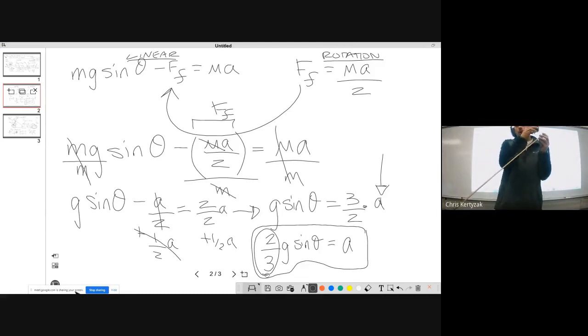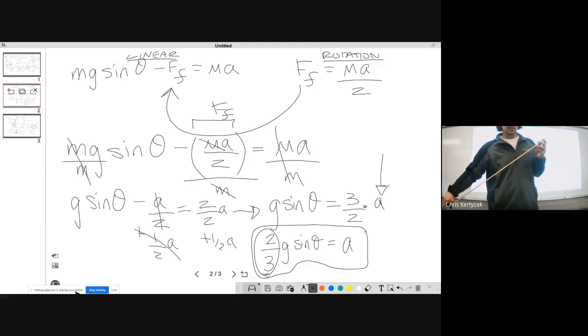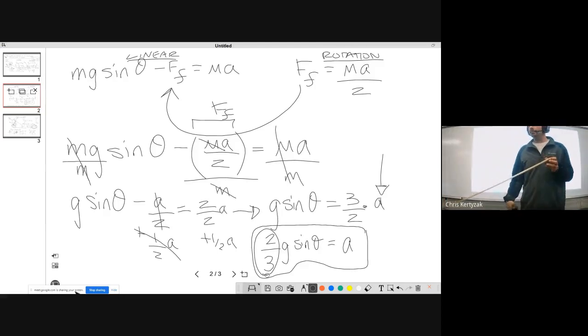Not all of the mgh energy that it starts with turns into pure v speed, like it does for the sliding puck. And since it does for the sliding puck, the v at the end is pretty high comparatively.